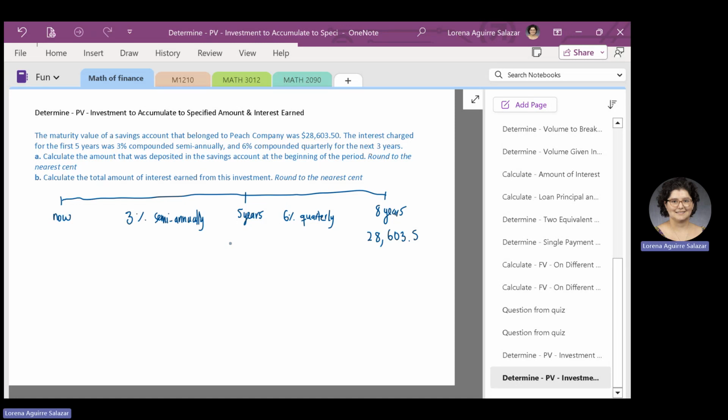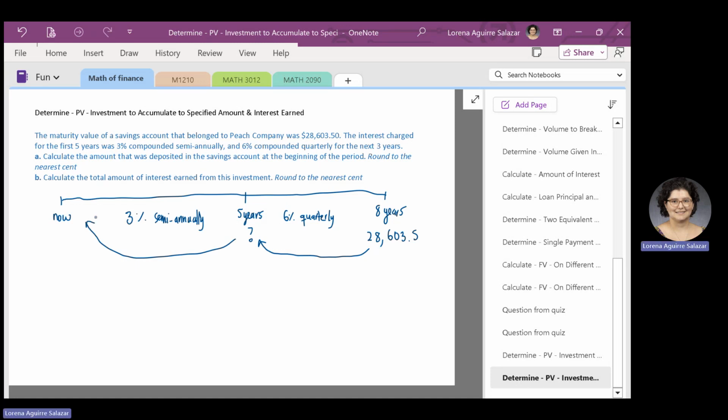But because we have different interest rates, we need to take a few steps. First, we need to see how much this $28,603.5 was in the 5th year, how much was in the account after 5 years. And then from that value, we will go backwards and compute the amount that was deposited at the beginning of the 8 years.